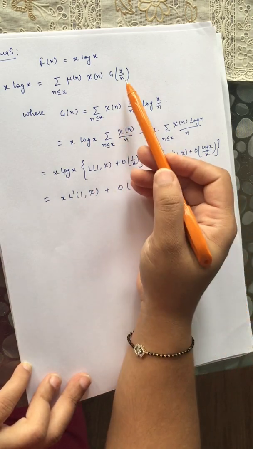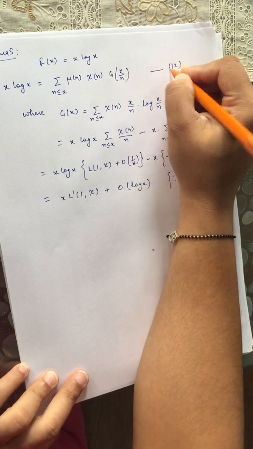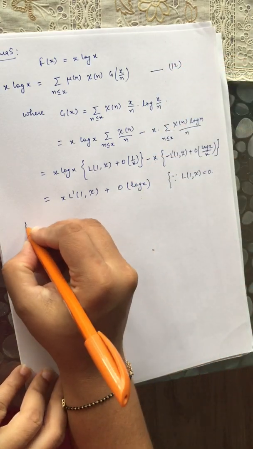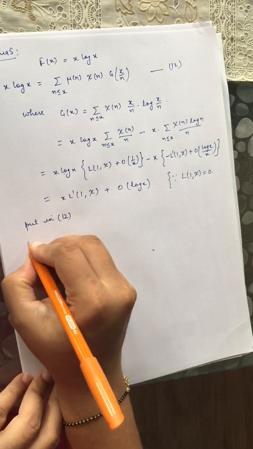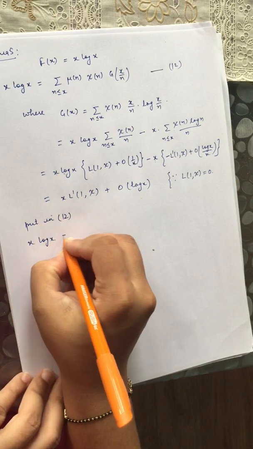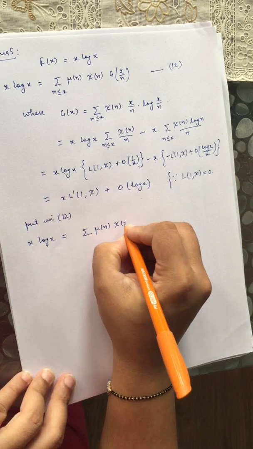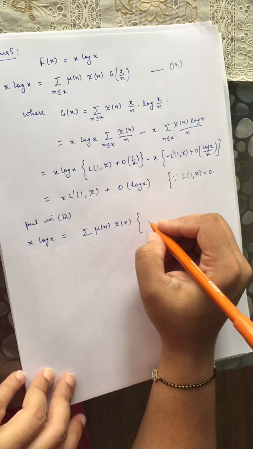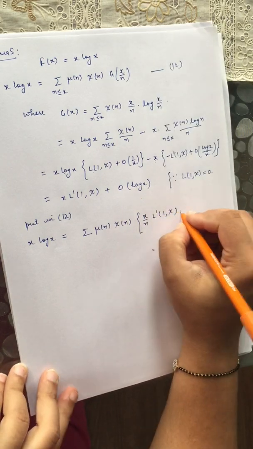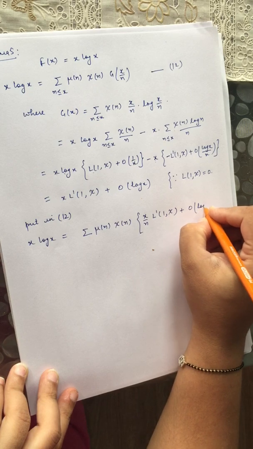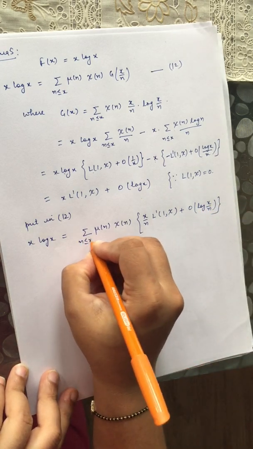So putting this value of g(x) here, so let us say this is equation 12. So put in 12, we get x log x is equal to summation mu(n) chi(n) into g(x/n), which means x/n L'(1, chi) plus order of log x/n over n less than or equal to x.